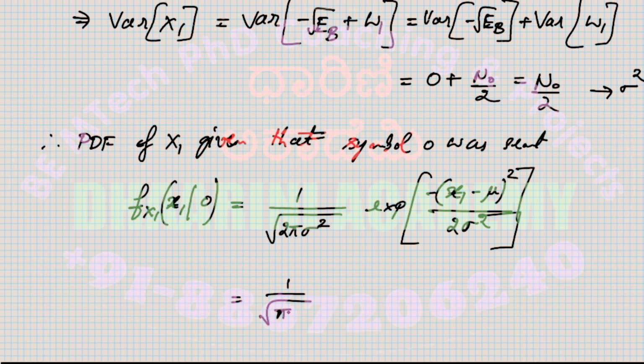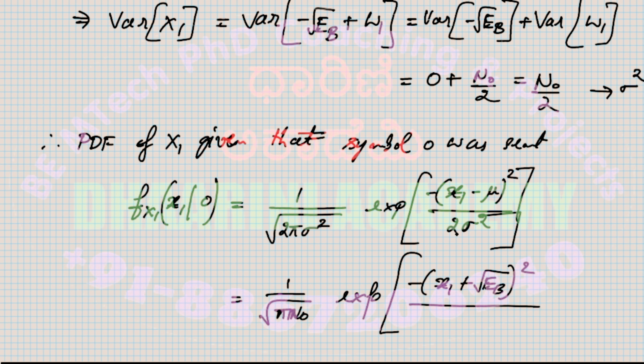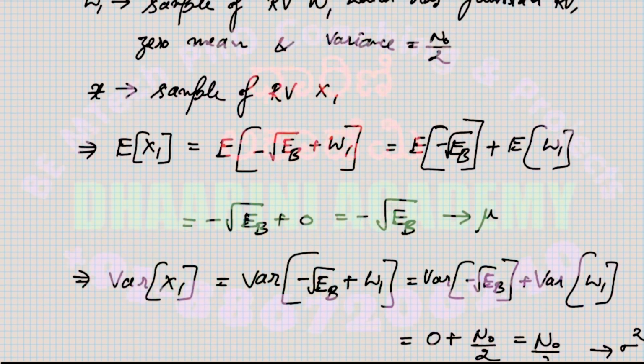Similarly, I can also write the exponential function in the same way. Pi n naught into exp of minus of x1 minus, what is mu? Mean is equal to minus root Ep, right? So the minus of minus becomes plus root of Ep, whole square divided by 2 times n naught by 2. Once again, you are left with the n naught. Okay, fine.